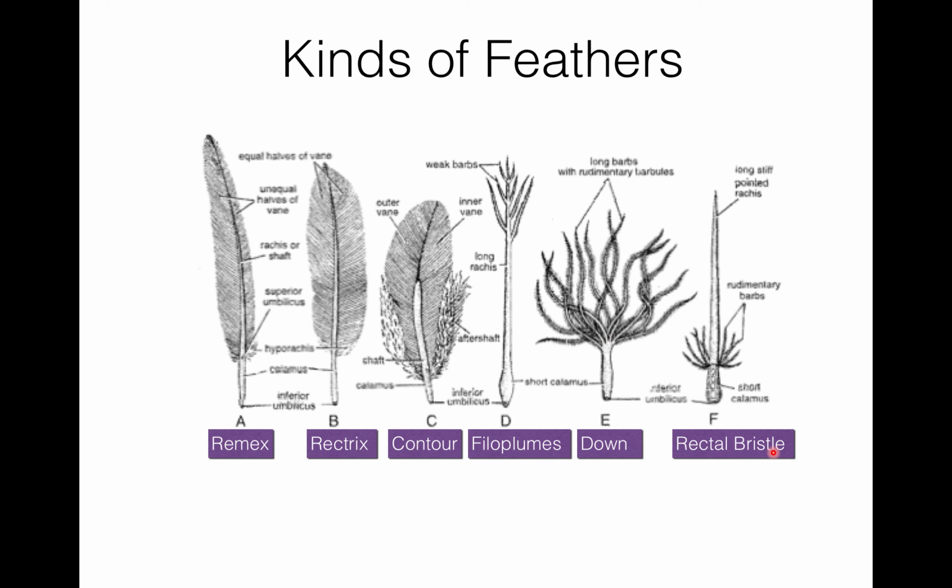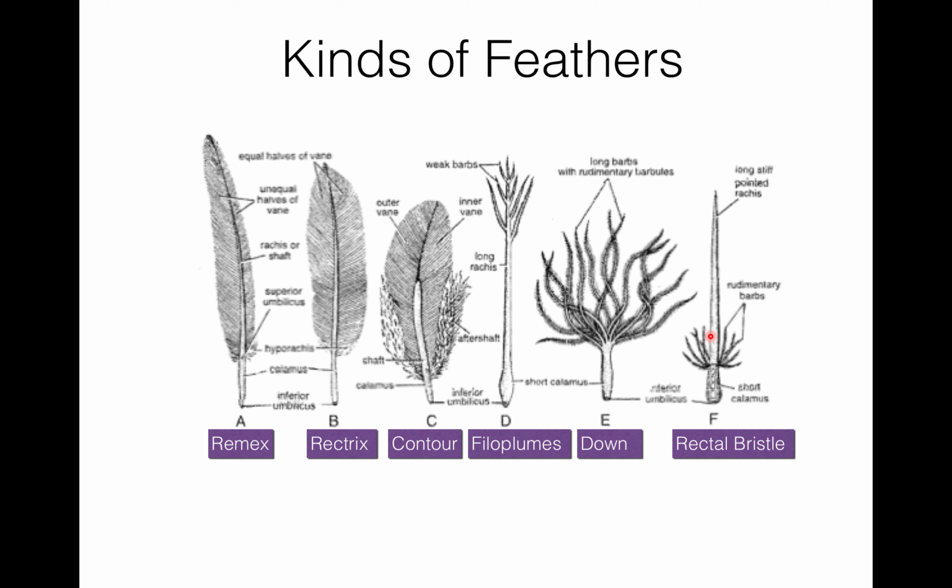Then rictal bristles. Some birds have stiff hair-like feathers. They are a modified form of filoplumes. Each bristle has a short calamus and a slender, long, stiff, pointed rachis.